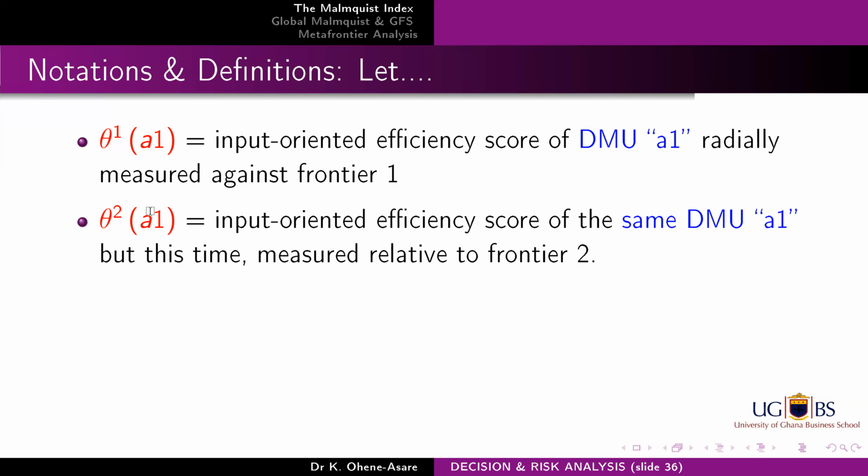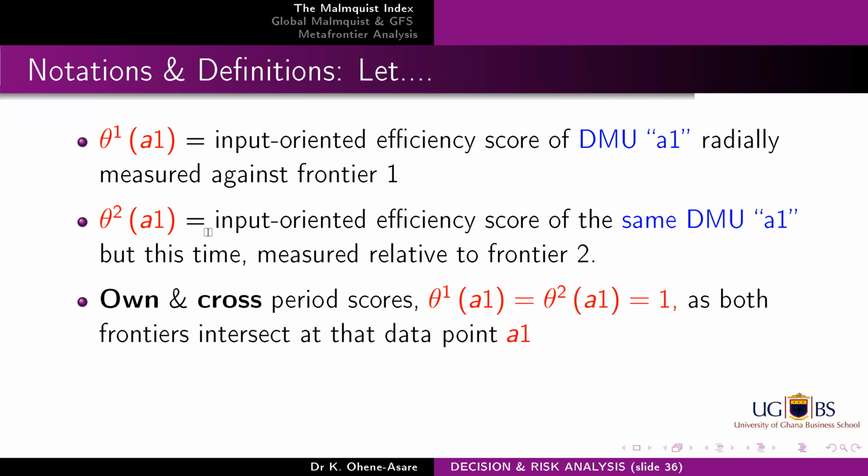In this second example, you have the efficiency of a firm A in year 1, that same A, but you are measuring its performance relative to frontier 2. So this is how you call them. And when you write this, you then make it equal to the actual value. We are going to do examples for you to see.